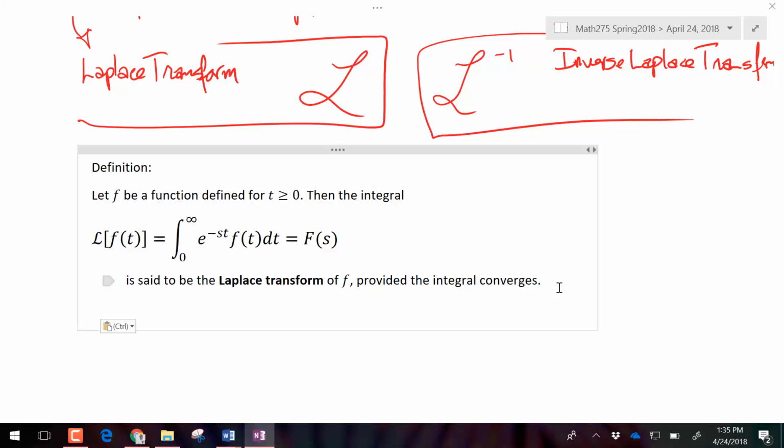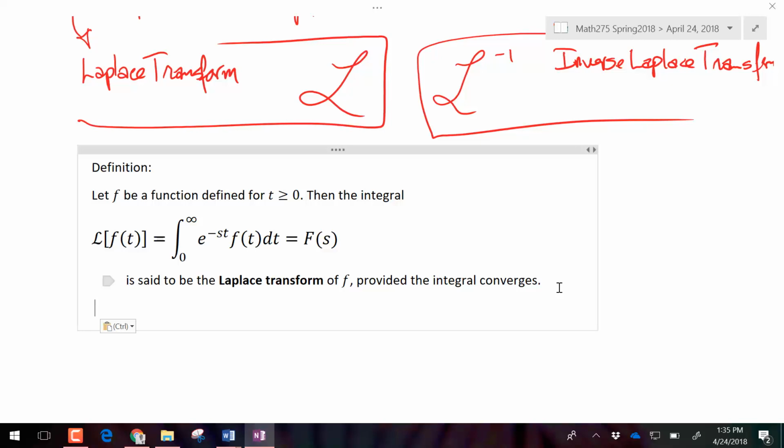And what that does is it transforms your little f function into a new capital F function. Again, the little f has a t in it. When you integrate with respect to t, the t is just a dummy variable and it goes away. And then all you have are variables, the variable s.